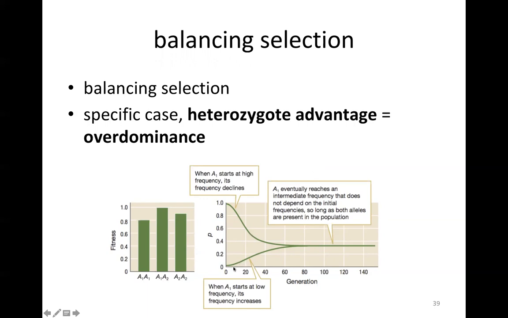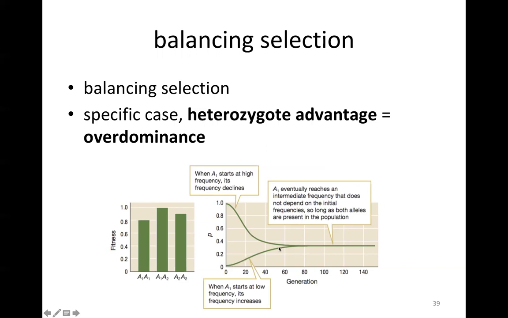In this condition, if we start with a population which has low, let's say 1% A1 frequency, everybody is A2, there's just a few heterozygotes which carry A1. How will the frequency of A1 change? Well, it will increase because, as you see, the heterozygotes have higher fitness than A2 individuals, which constitute most of the population.